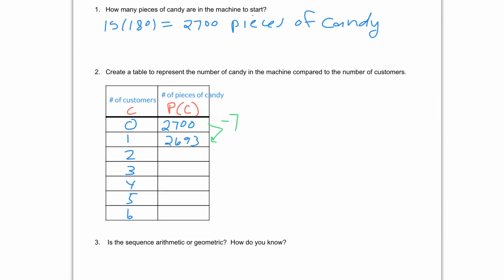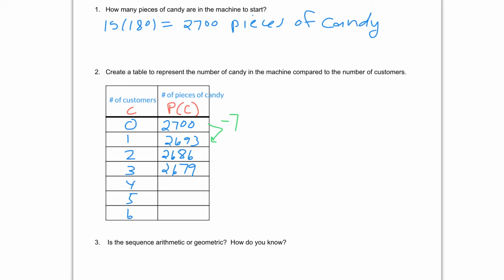And if we continue to do that, so if another customer comes, we'll lose another 7 pieces of candy. And that will give us, after 2 customers, 2,686 pieces of candy. Then with 3 people, if we lose 7 pieces again, we'd have 2,679 pieces of candy.